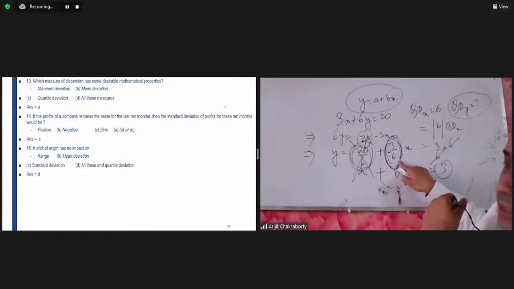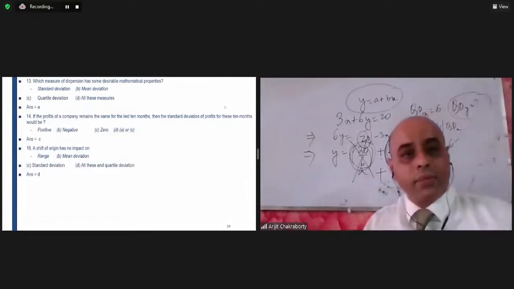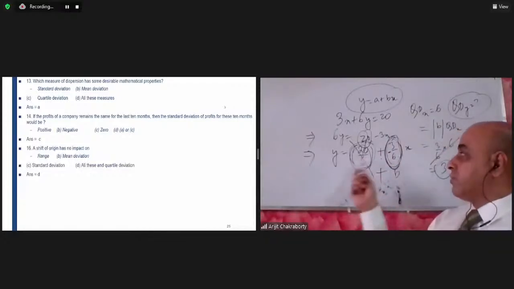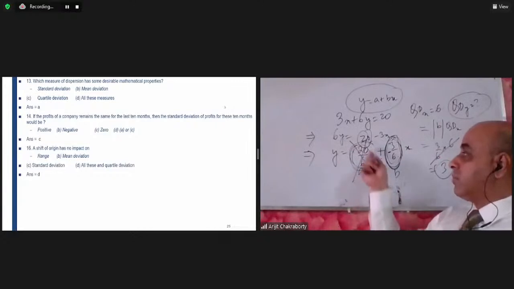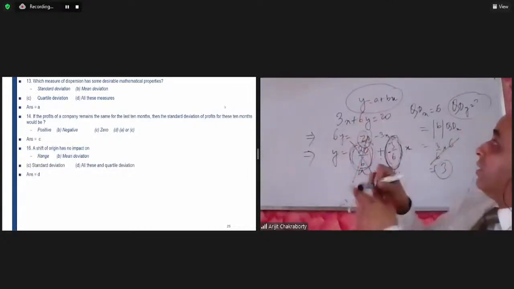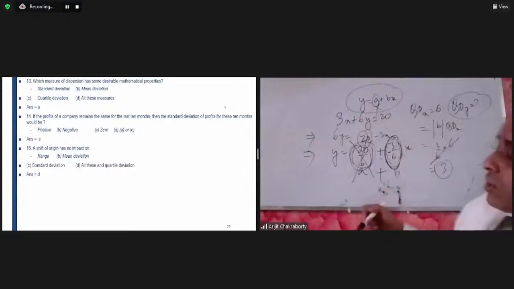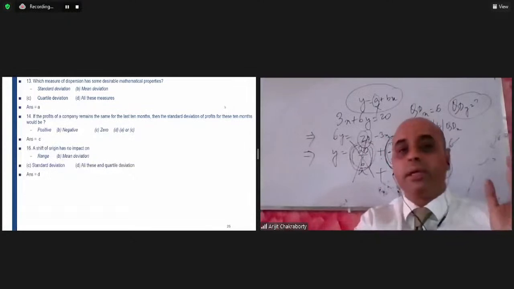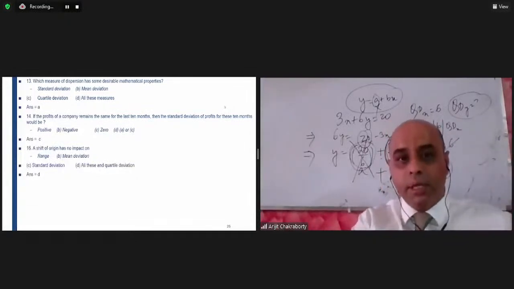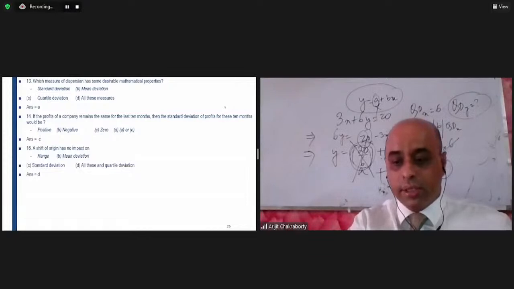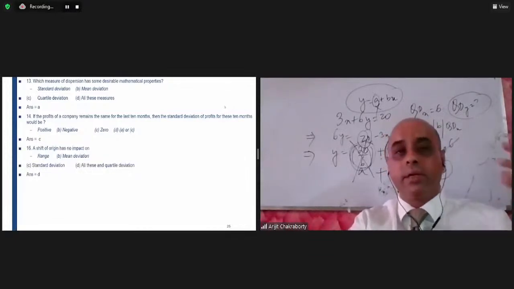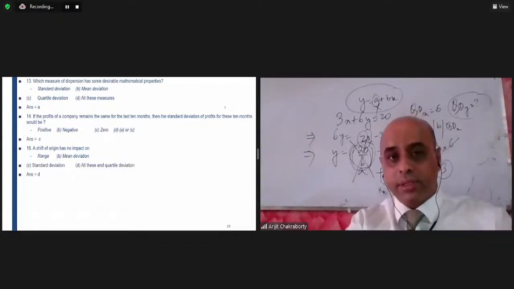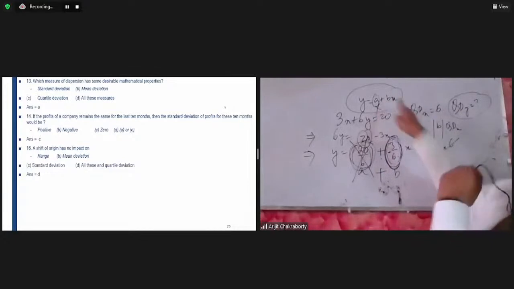B is basically the multiplier effect. And the shift in origin is this. It is not affected because we never consider this 20/6. That means the component A is never used for finding the mean deviation, range or standard deviation of Y, when the standard deviation, mean deviation or range is known for X. We only consider B. Modulus B is the formula.